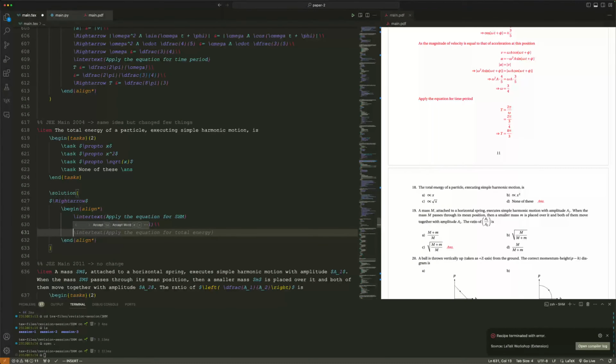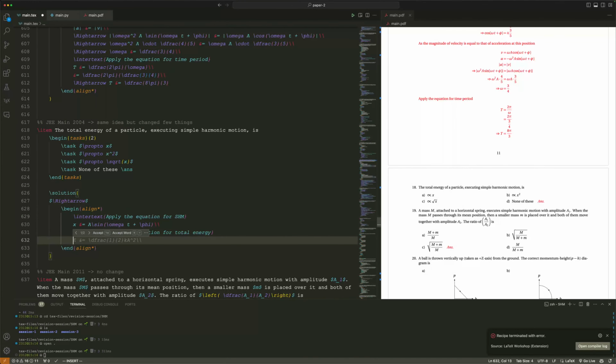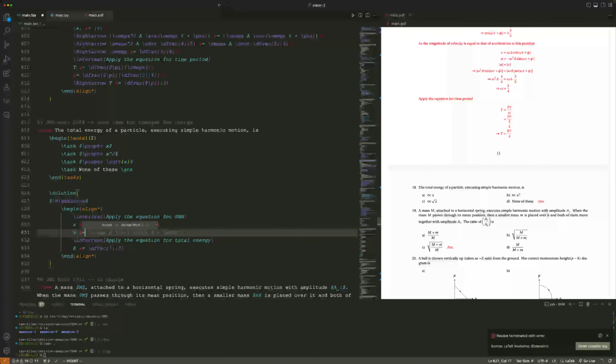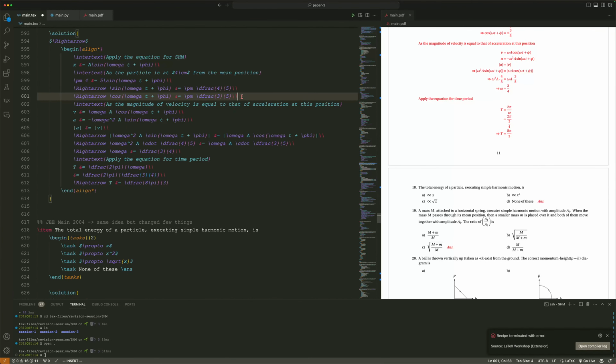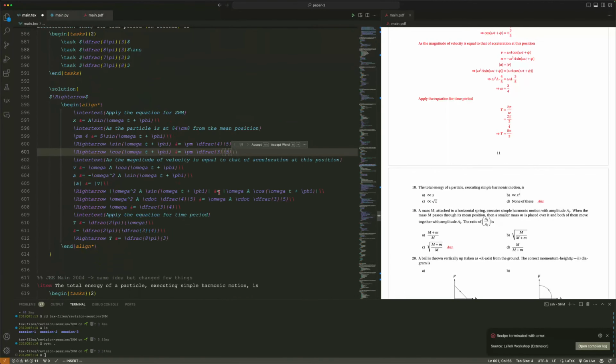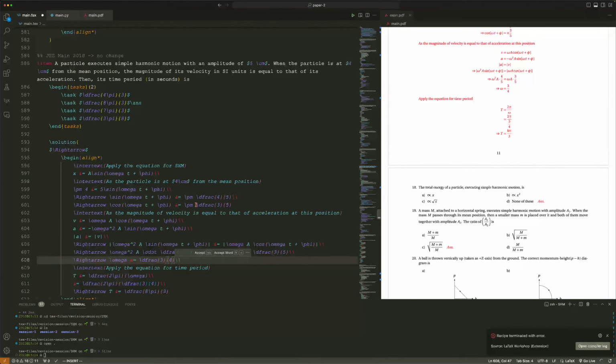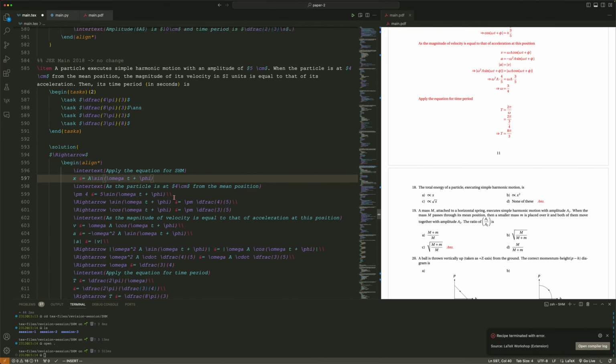So kinetic energy is half m v square. We can write v equals the derivative. The line break is too large, so we can just remove this line break.